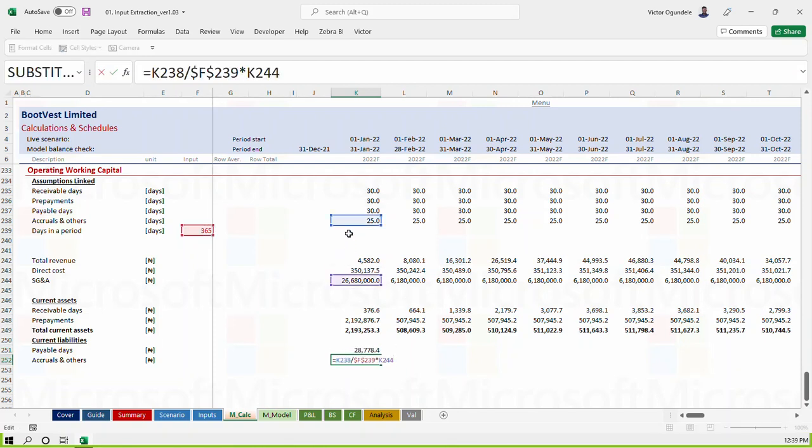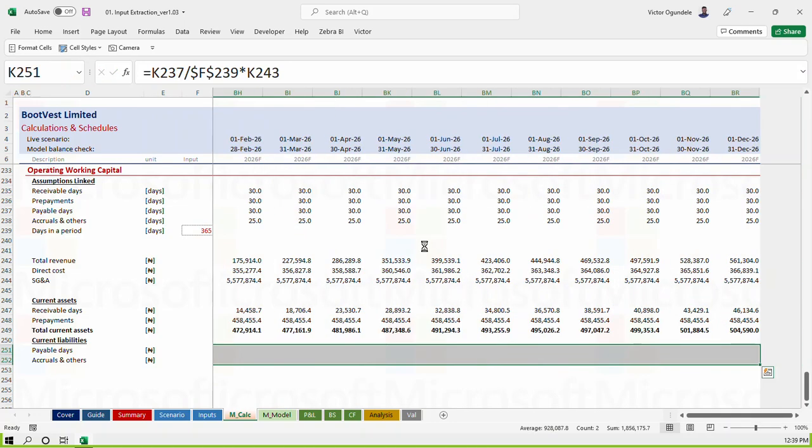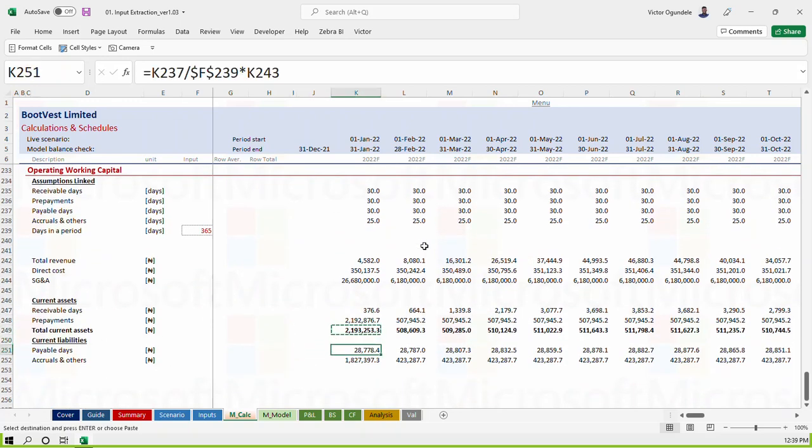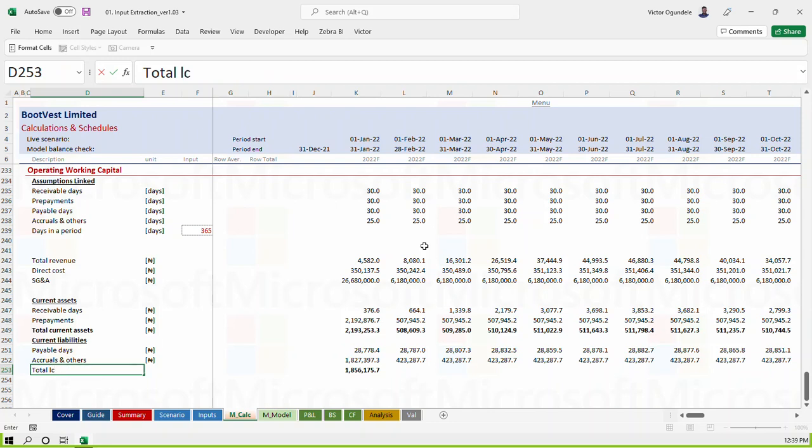Then for the other one, others and prepaid expenses, copy that to the right. So let me just copy this formula. Let me put it here. Call this total current liabilities.